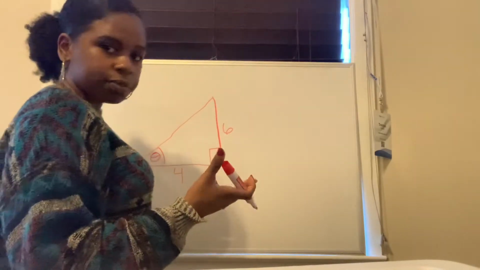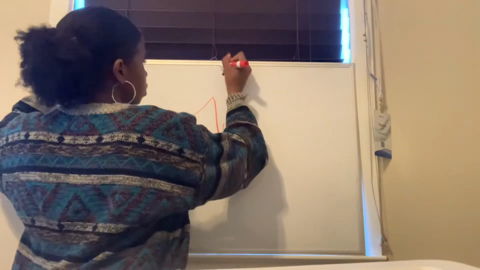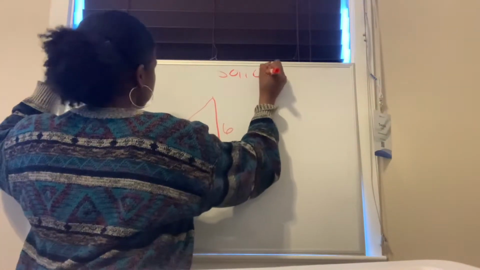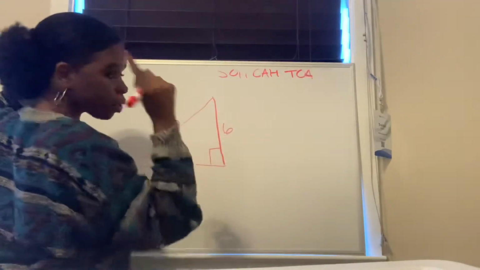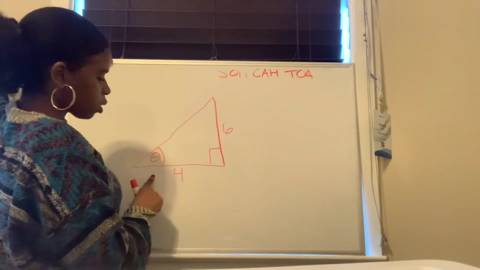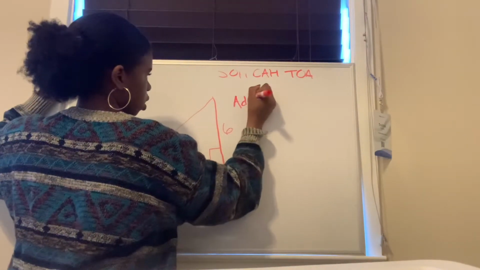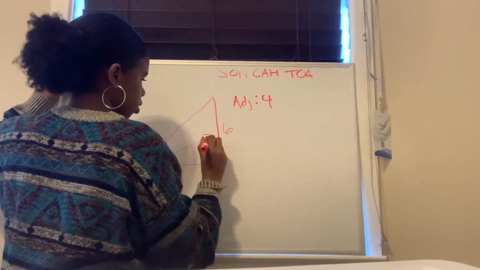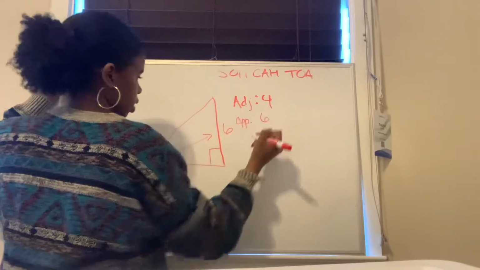Well, just to remind you, we got SOH CAH TOA. All right, what do we know? In reference to theta, our adjacent is 4. Our opposite is 6.